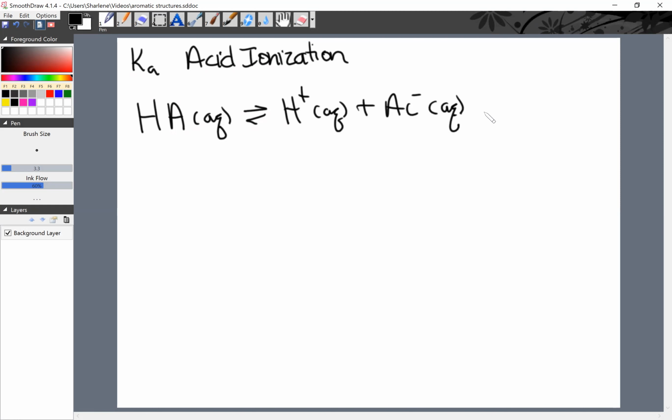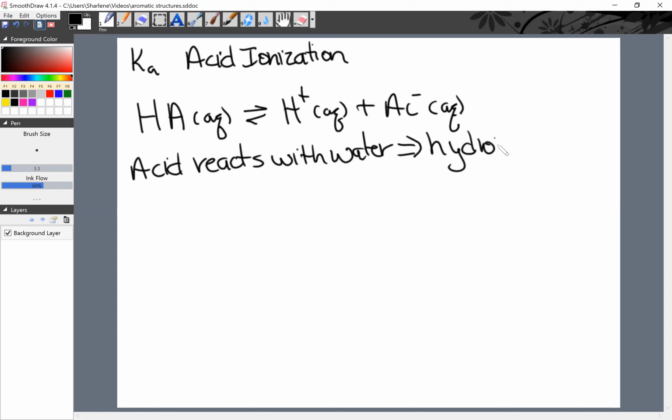All right, acid ionization means an acid reacts with water to make the hydronium ion and the conjugate base. And so that species is going to be the conjugate base.